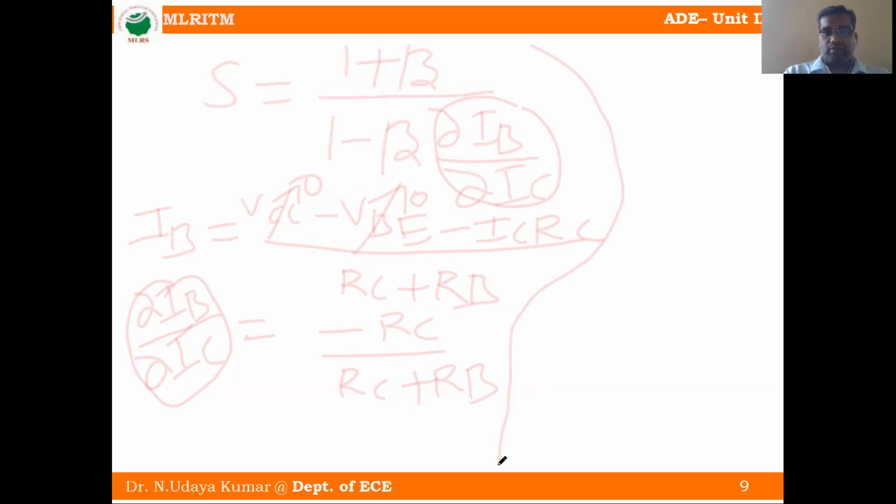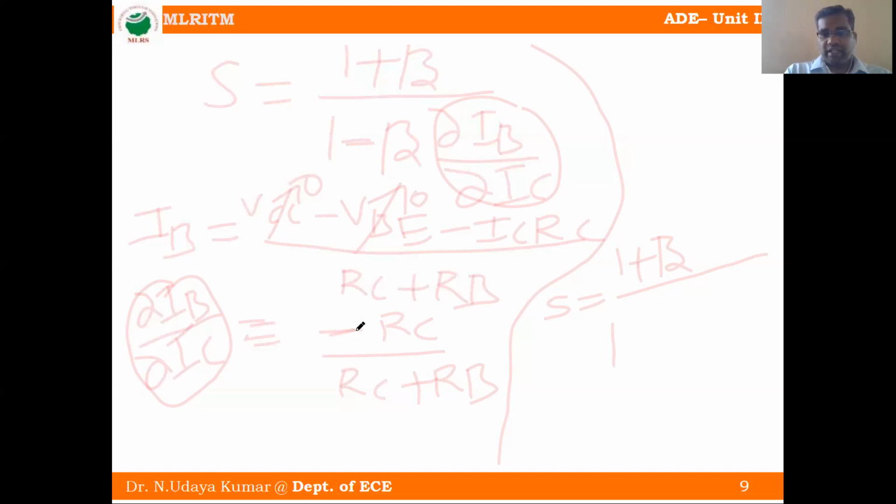We have to substitute, means S is equal to (1 plus beta) divided by (1 minus beta) into dou IB by dou IC. What do you mean by dou IB by dou IC? It is equal to minus RC by (RC plus RB).